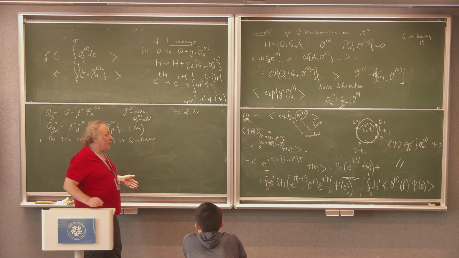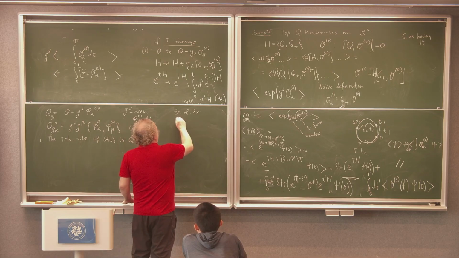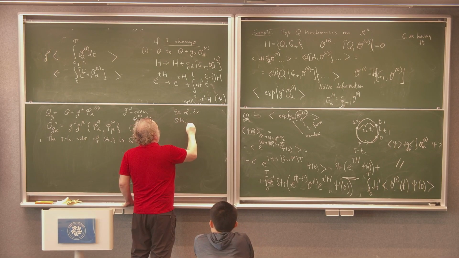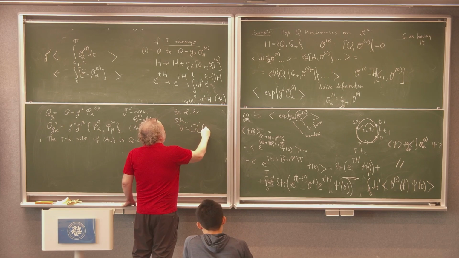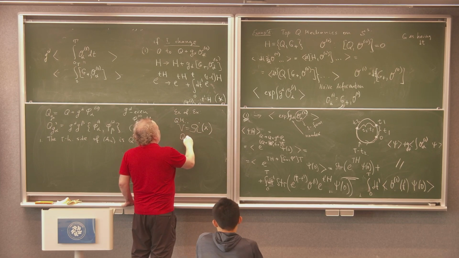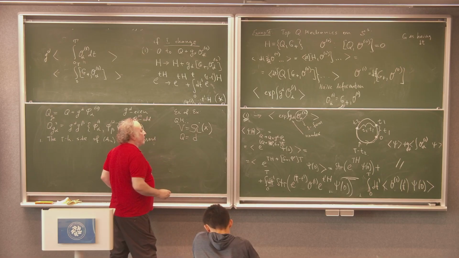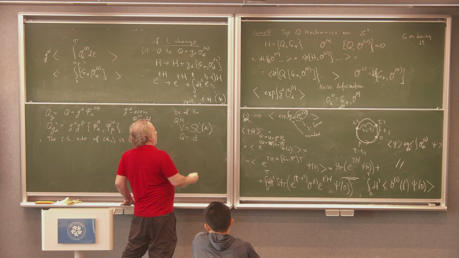An example of an example is quantum mechanics where the space of states is differential forms on some manifold X. Q is, I'm sorry for this, Q is this d. So I have too many d's.